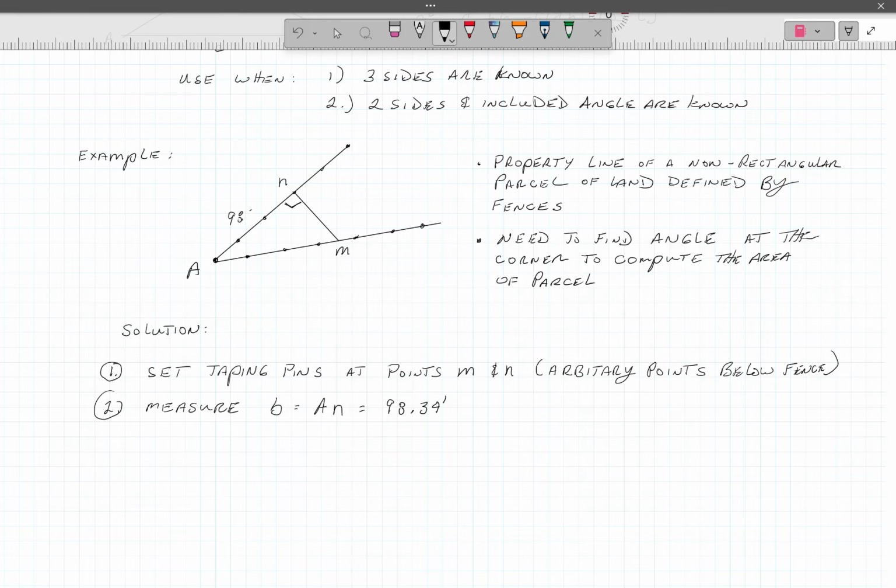Let's do that where you can see it: 98.34 feet.